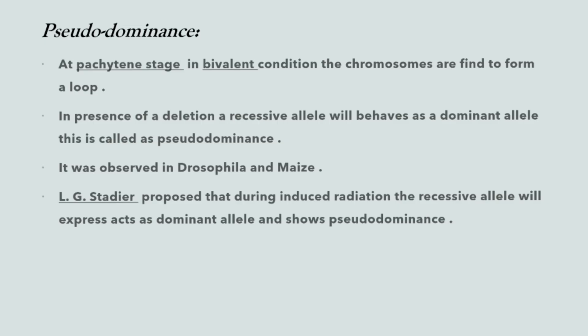This is called pseudodominance. It means when a dominant part of a chromosome gets deleted, then the recessive allele behaves as the dominant allele and expresses itself, and that is called pseudodominance. The recessive allele is not dominant but acts as dominant in the presence of deletion. So it is called pseudodominance.